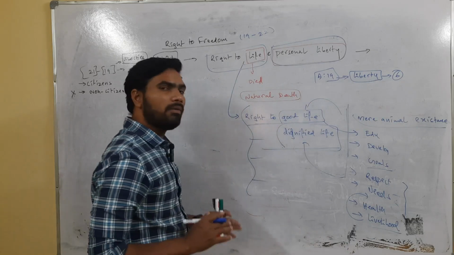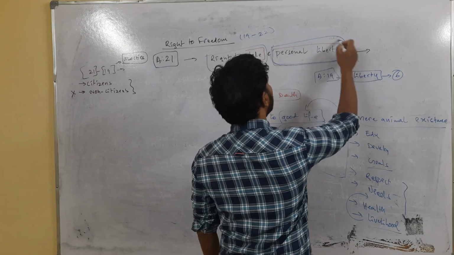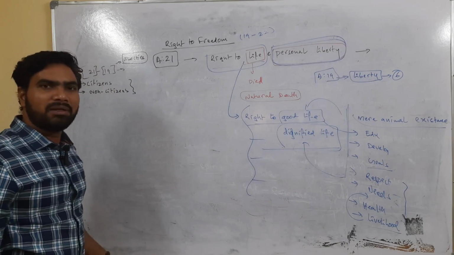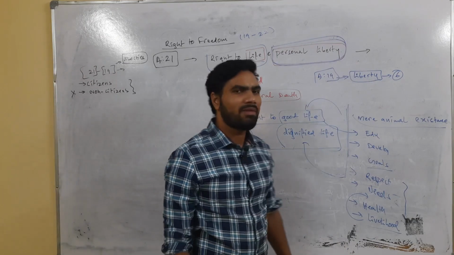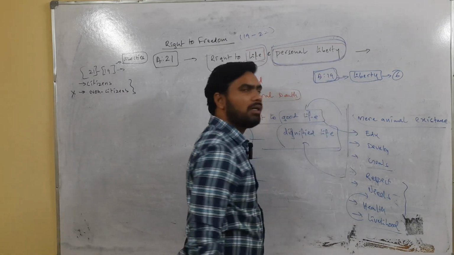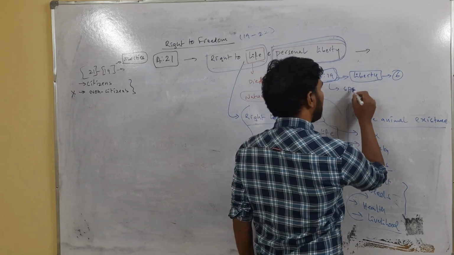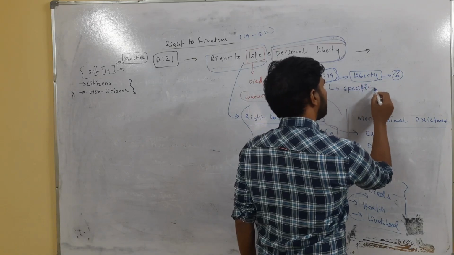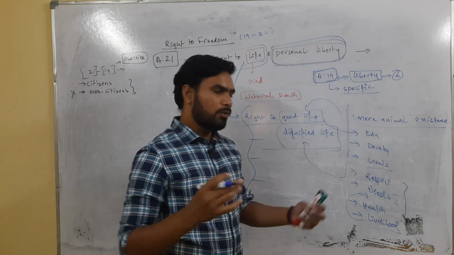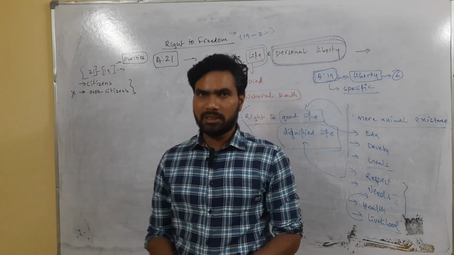Then why once again is there a mention of liberty, personal liberty, under Article 21? Why? What do you think? So the liberties guaranteed under Article 19 are specific liberties. Only six specific liberties have been given. Of course, liberty is not limited to these six things.